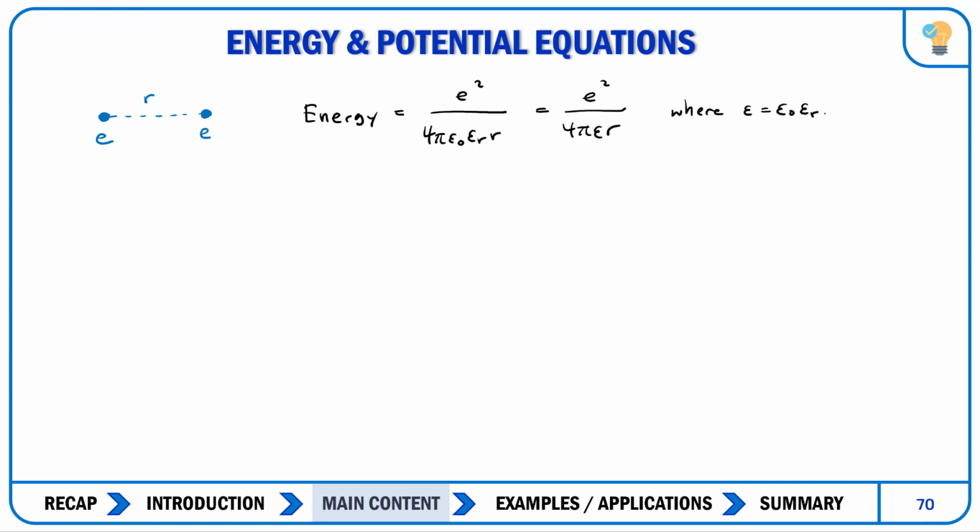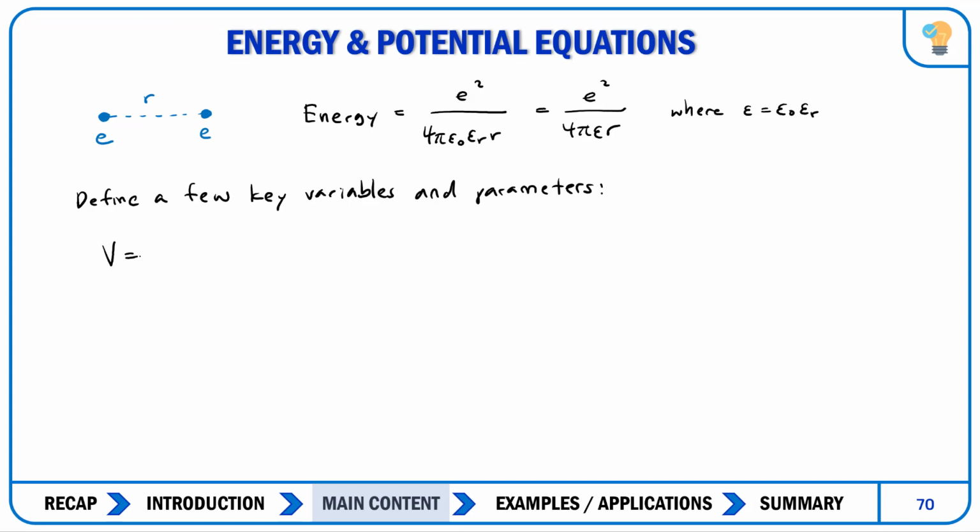The next thing we want to do is try and figure out some sort of equation where we can model the potential or energy of the system. So we're going to define a few key variables and parameters.